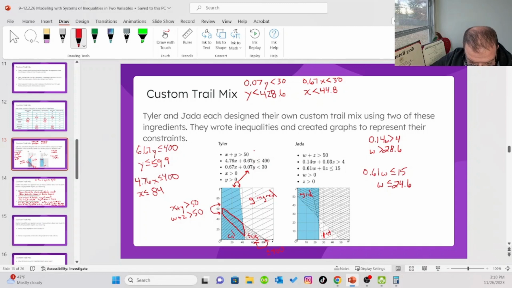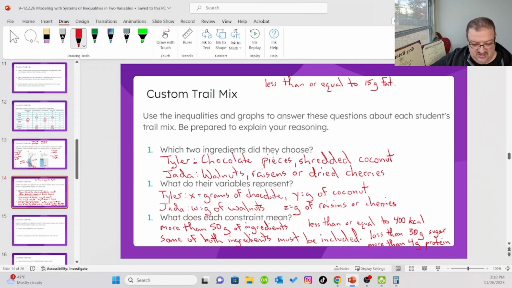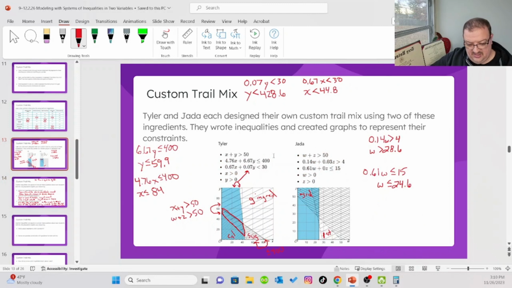Which we can see at this point right here. So the solid line and the light blue shading is going to be the fat.